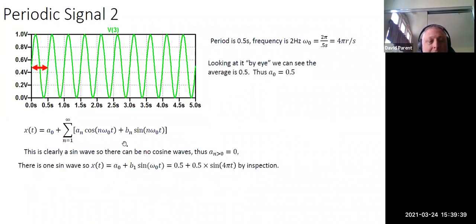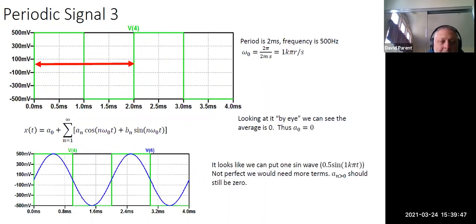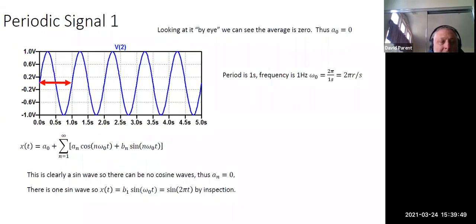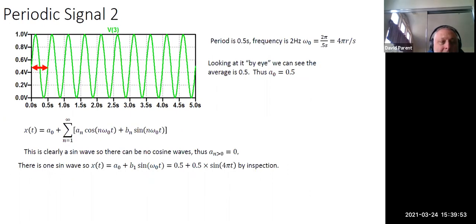Periodic signal 2. So I look at it, and now I'm going from 0 to 1. Before, I was going from -1 to 1, but now I'm going from 0 to 1. So it's clearly not symmetric, and so there's clearly a DC offset.